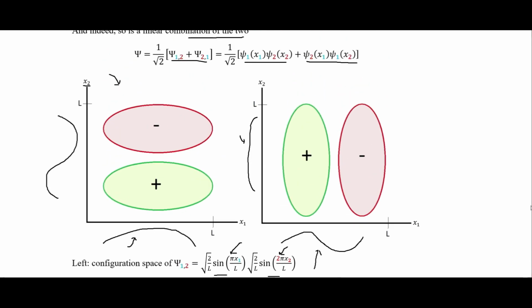So if we added these two things together here, we see that this part and this part would constructively interfere. This part and this part would constructively interfere. This part and this part destructively.